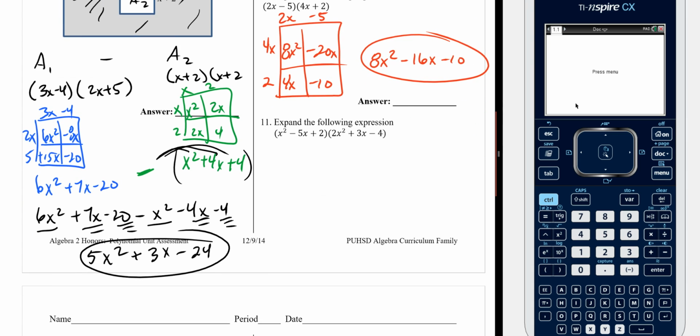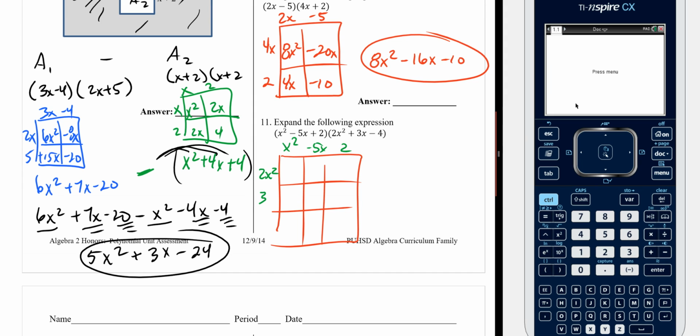Number 11, same thing, but this box is going to be a little bit bigger. It's going to be 3 by 3. I'm going to have x squared, negative 5x, 2, and 2x squared, 3x, negative 4.